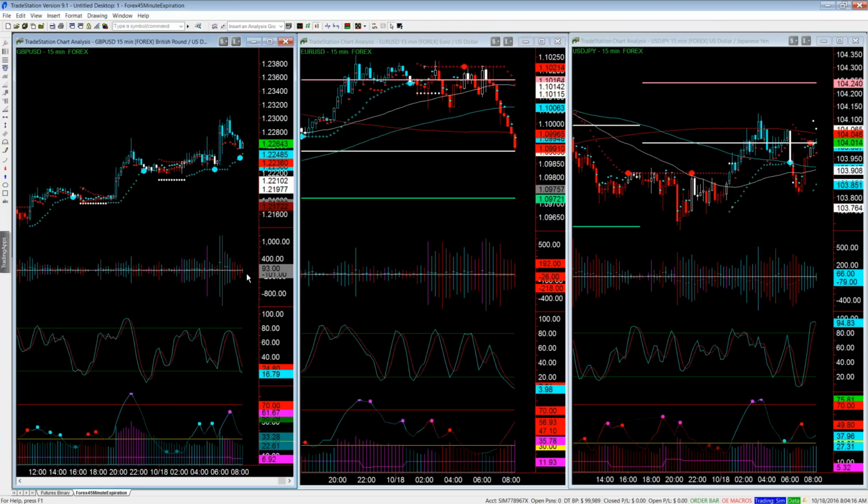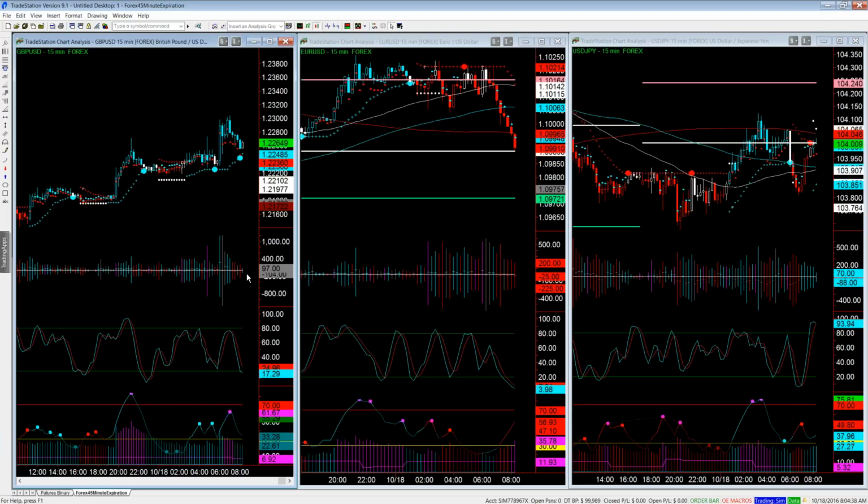An inside bar is represented by the gray volume bar. And the magenta bar tells me that price has made what we refer to as an outside bar, meaning that the high and the low of the previous bar were both exceeded on the current bar.